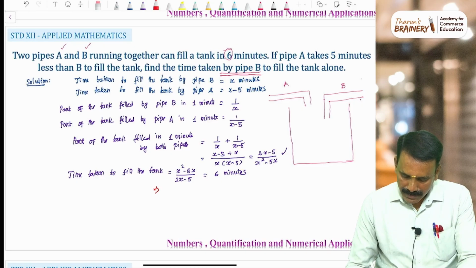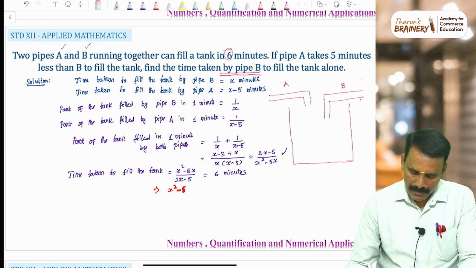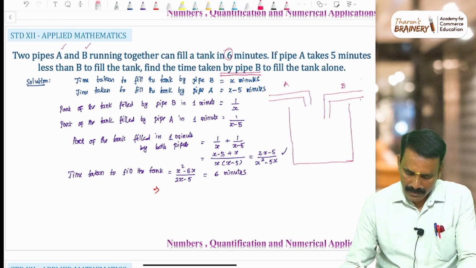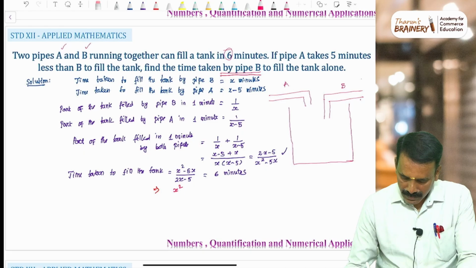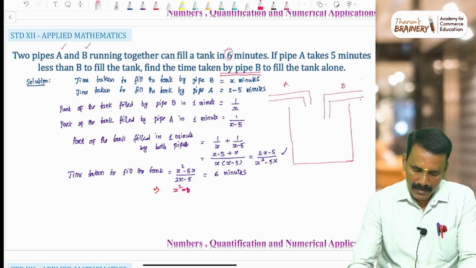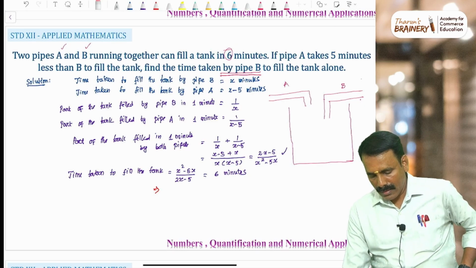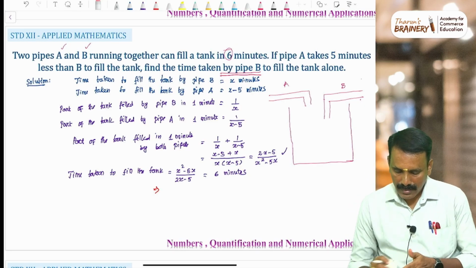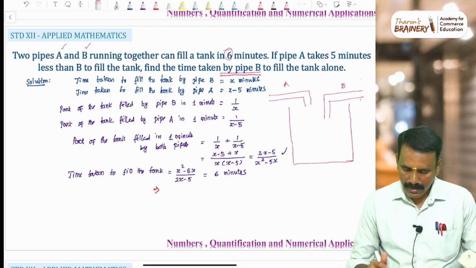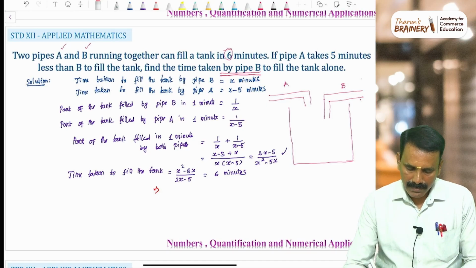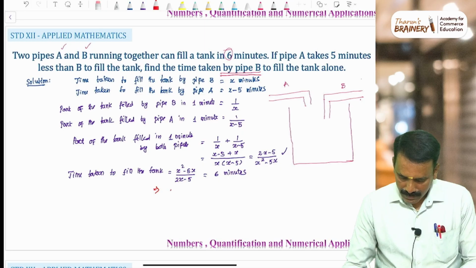This implies x square minus 5x is equal to 6 into 2x minus 5.